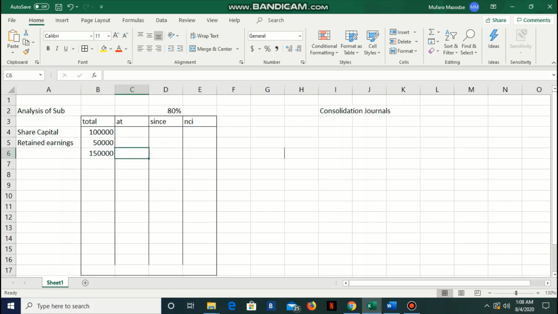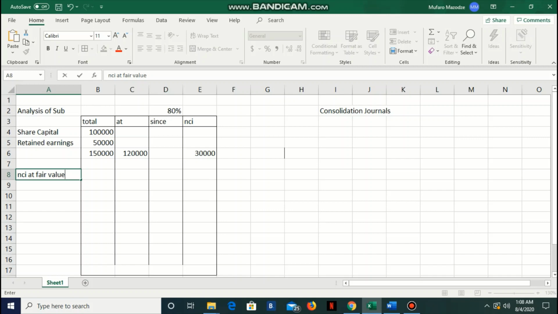And then here you take that times 0.8 is what you have at acquisition. This is what the parent is entitled to, and then the non-controlling interest is the total less this 120,000, which gives you 30,000 rand. The next step is to make the NCI at fair value, which was 40,000 rand.